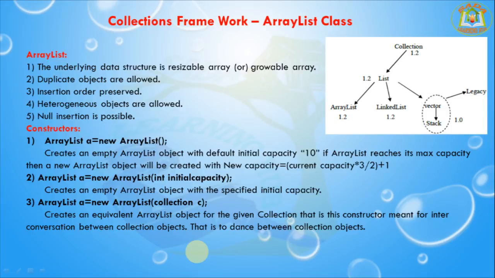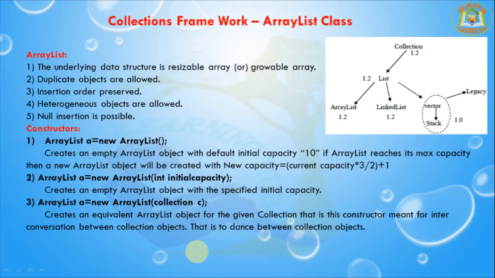Next, one more constructor. It is a parameterized constructor. It takes the size of an array. It creates an empty ArrayList object with the specified initial capacity. Whenever we create an ArrayList with the initial capacity value, it automatically creates that particular size. Next, one more constructor is available in ArrayList.